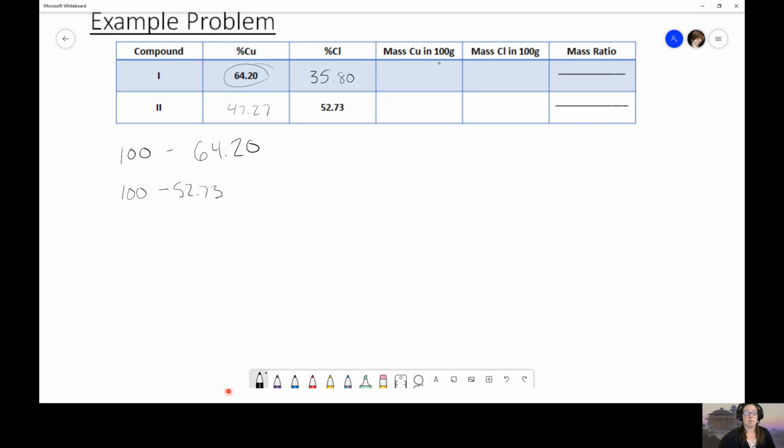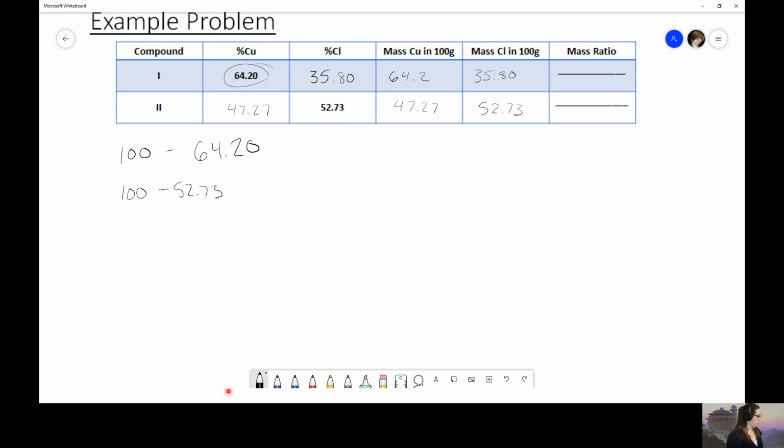Now here's the fun part. When you're going from percentages to mass in 100 grams, you just rewrite the number without a percent sign. So if my percent Cu is 64.20, it's going to be 64.2 grams out of 100, and then 35.80. And then here we've got 47.27 and then 52.73.